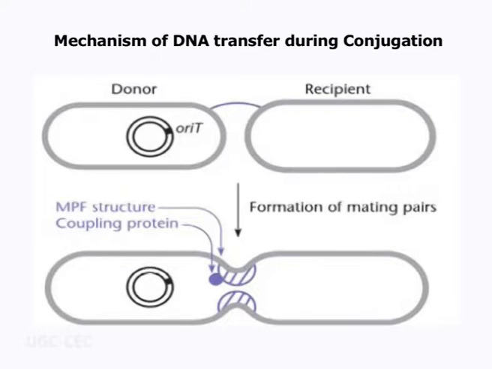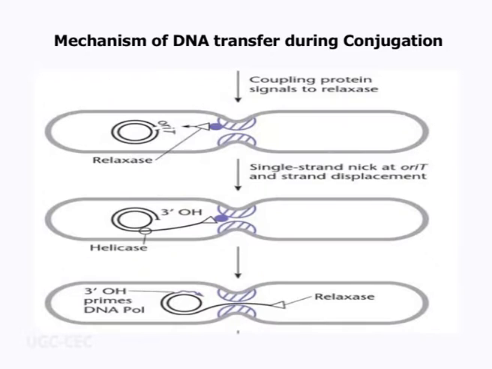So if you look into the steps of how the entire process takes place, here you can see that the donor bacteria contains the F plasmid with an OriT site. Next step is the involvement of Mpf components leading to the formation of Pilus, generation of channel proteins, and the involvement of coupling proteins.